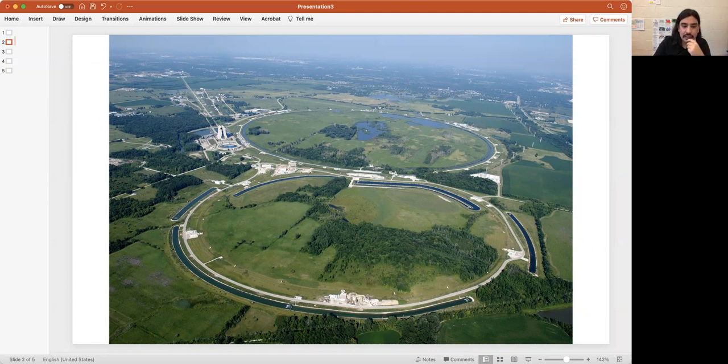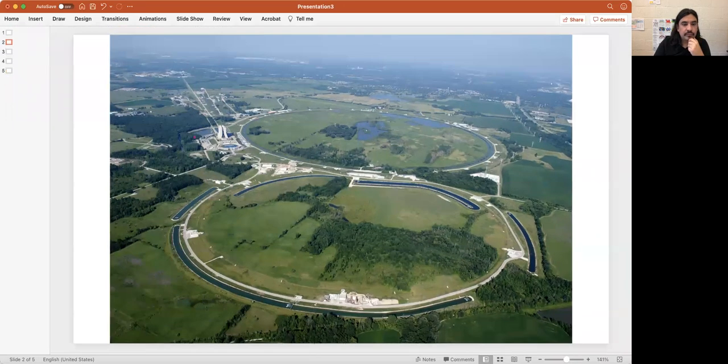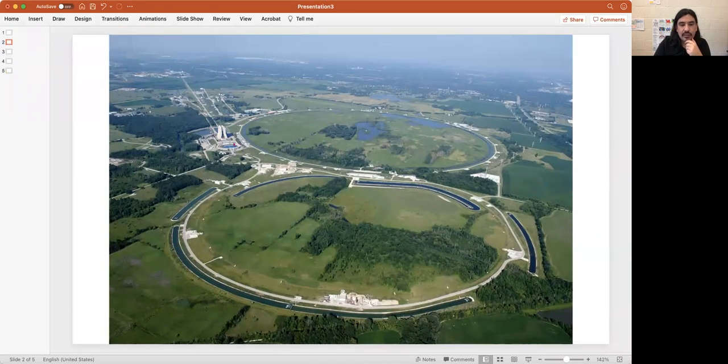So this, let me change the color of my, okay. This right here, it's a huge building. There's a huge parking lot in front of it. There's a huge parking lot on the side.